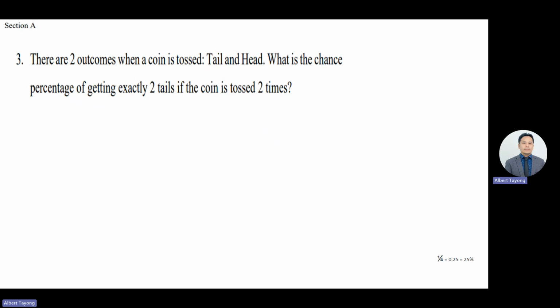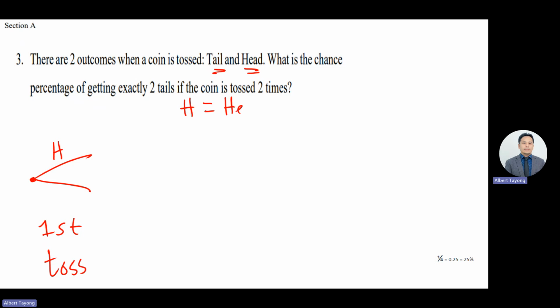Here, there are two outcomes when a coin is tossed, because there are two sides. We have a head or a tail. The question is, what is the chance percentage of getting exactly 2 tails if the coin is tossed 2 times? Okay, so during the first toss, there are 2 possibilities.